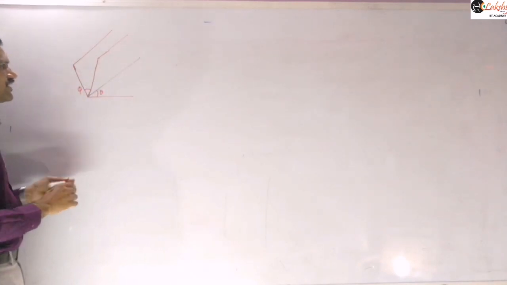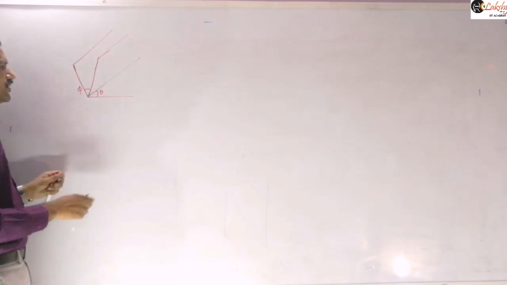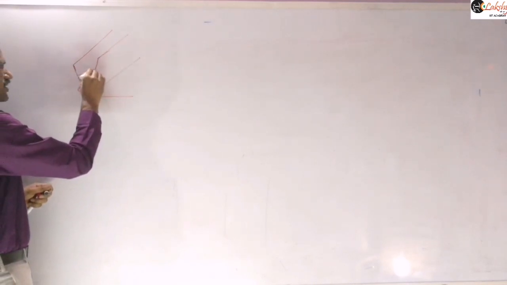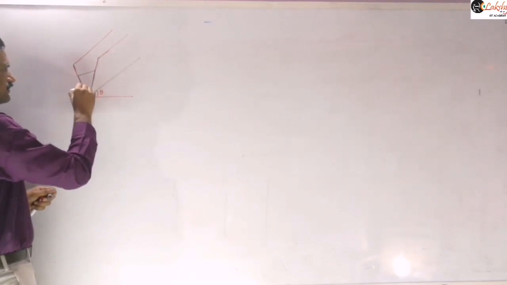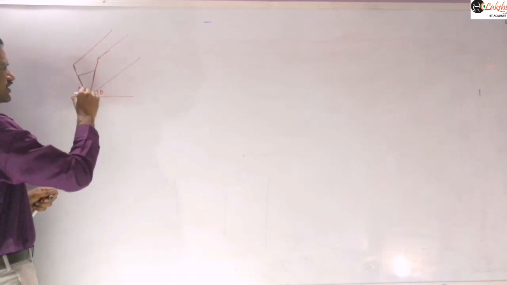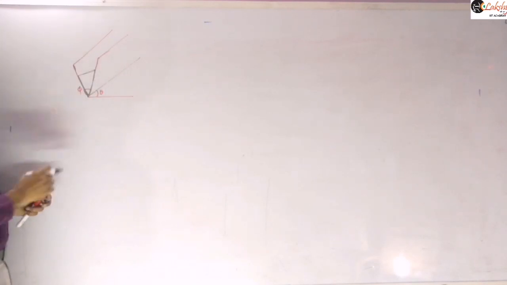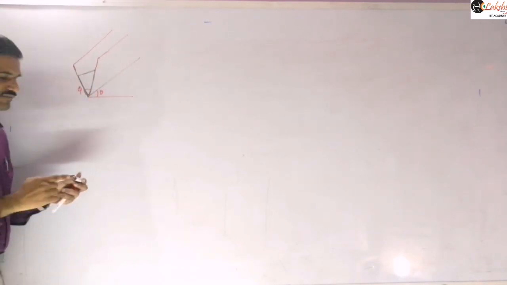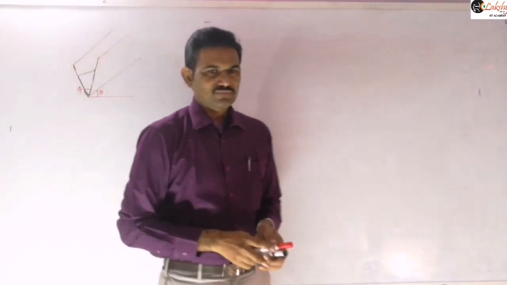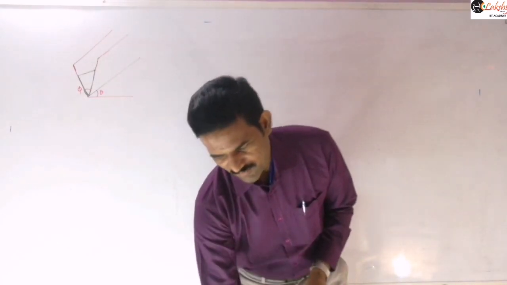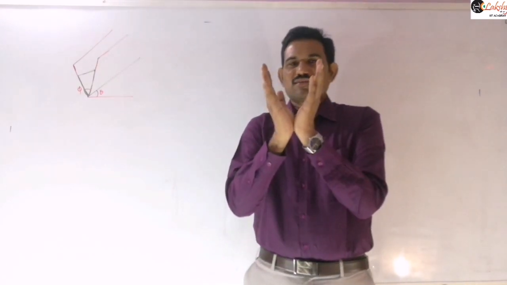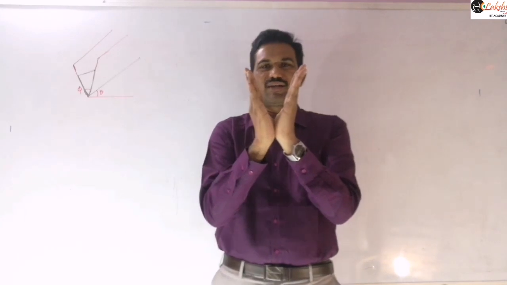And now suppose a triangular block is sliding in between them. That triangular block is sliding here. Is it clear? That means now there is a wedge like this, two surfaces making a certain angle.